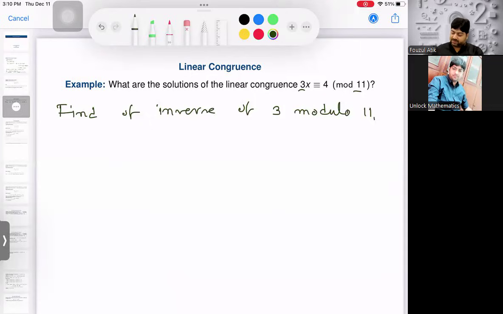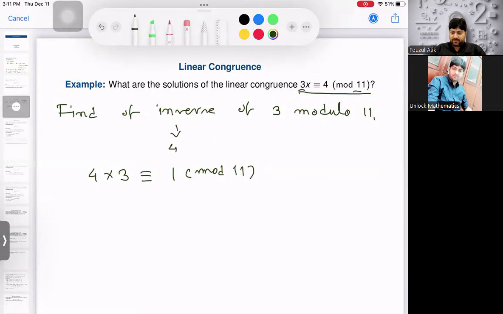What we got is that the inverse is actually 4. So therefore, we already have 4 into 3 is congruent to 1 modulo 11, right? And then what you have to do is match this with 3x congruent to 4 modulo 11.